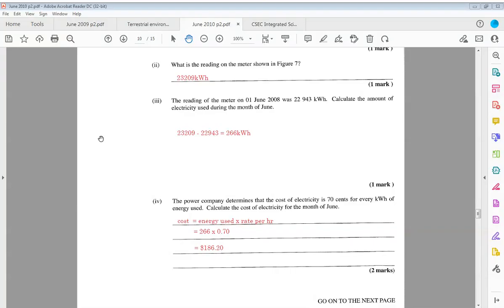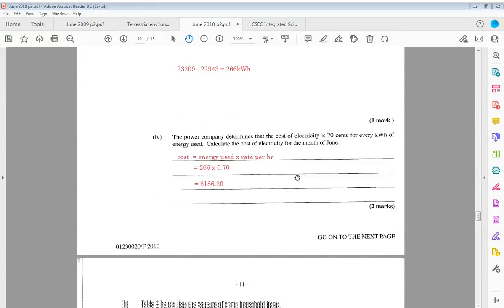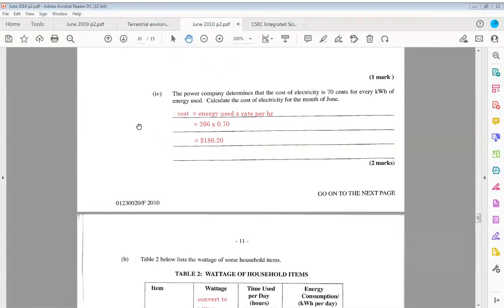So that's simply going to be, at the end of June, you use that reading and you take away the reading that was at the beginning of the month to find out how much electricity was used during that space of time, which will give us 266 kilowatt hours. The fourth part, the power company determines that the cost of electricity is 70 cents for every kilowatt hour of energy used.